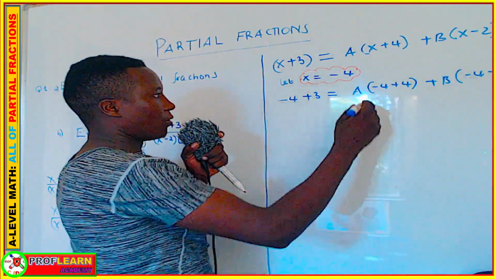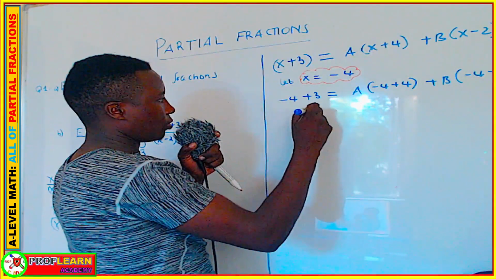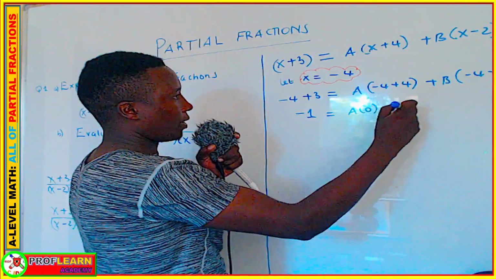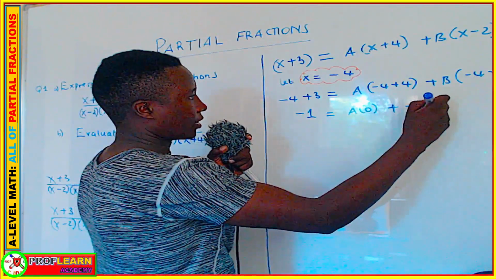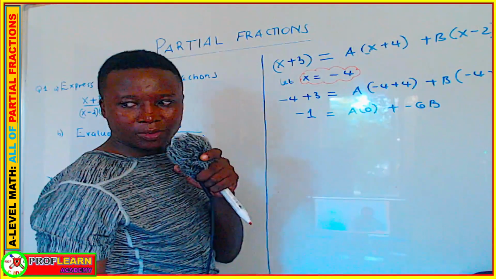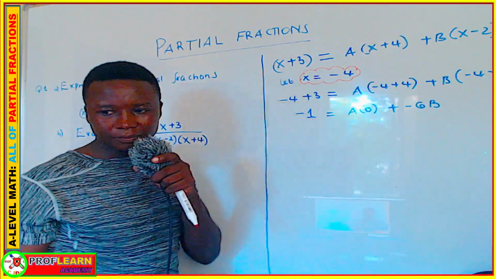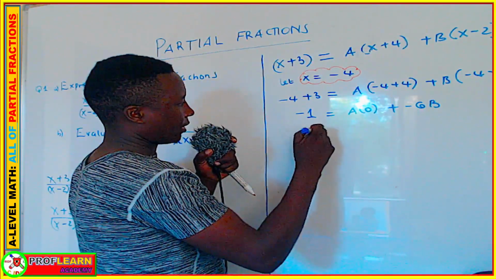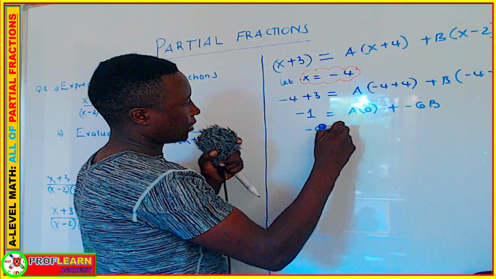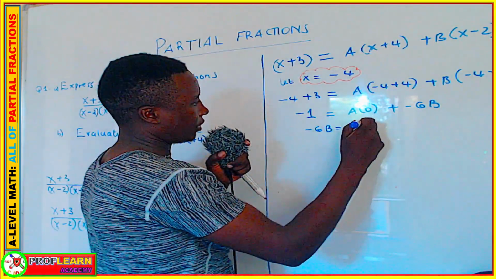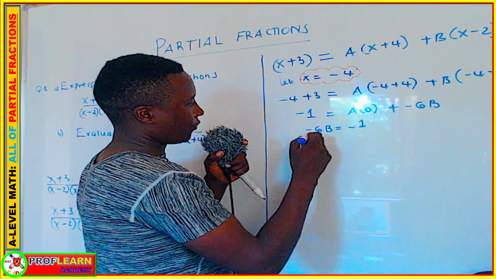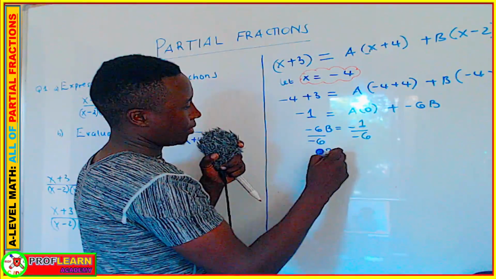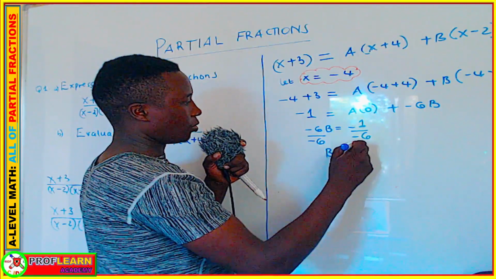This reduces to -1 equals a into 0 plus -6b. So -6b is equivalent to -1. If we divide by -6, our b is going to be equal to 1 over 6.